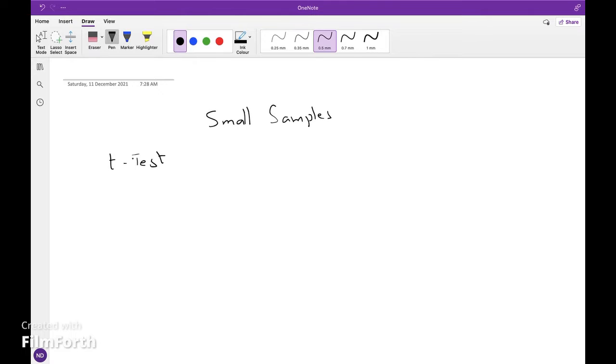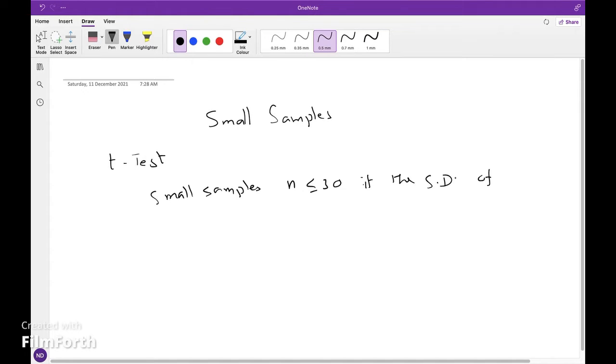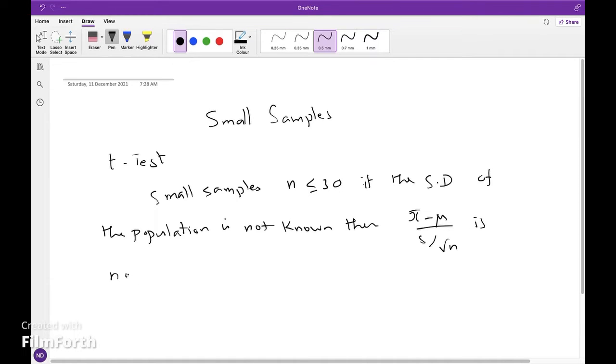However, in the case of a small sample, n less than or equal to 30, if the standard deviation of the population is not known, then x bar minus mu by s by square root of n is no longer normally distributed.